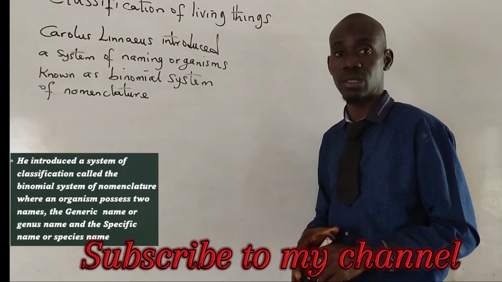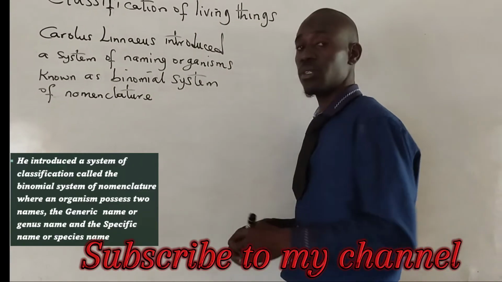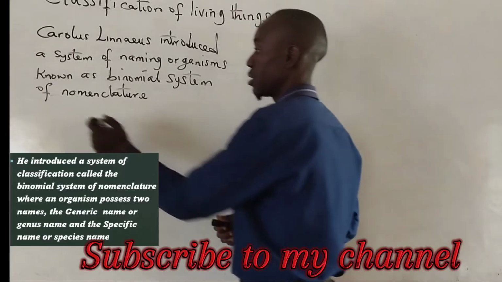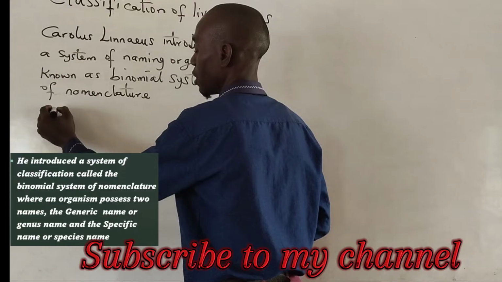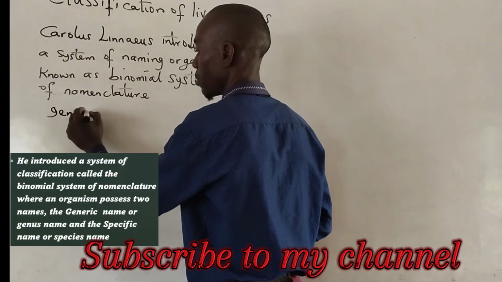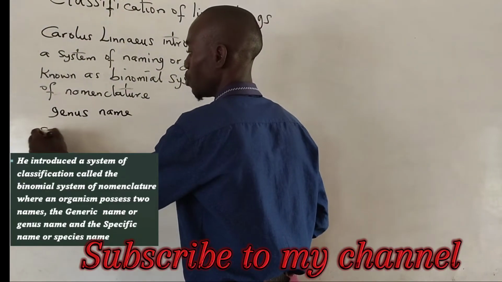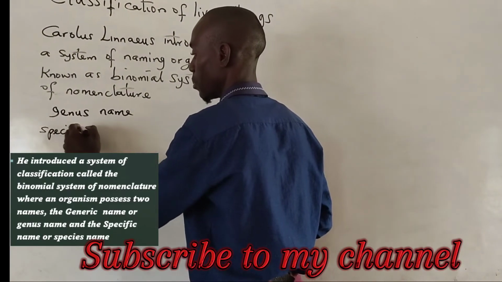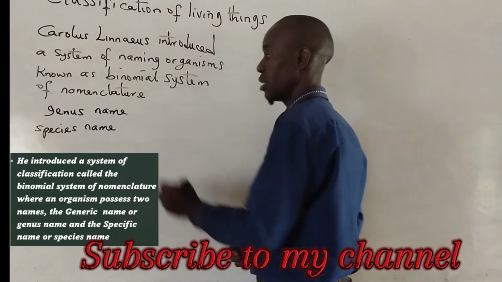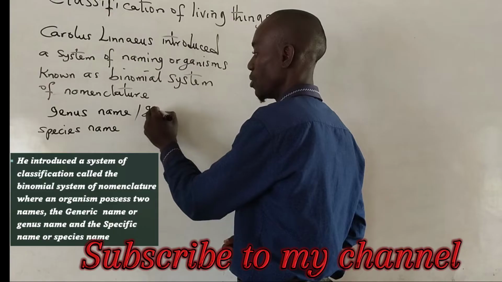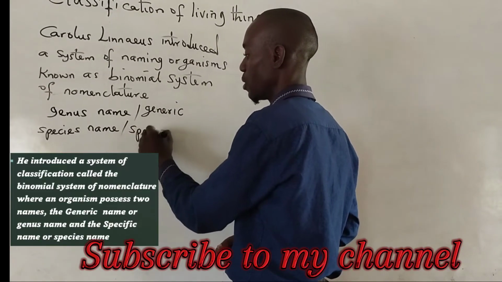This binomial system of nomenclature recognizes that every living thing possesses two names, which are the genus name and the species name. The genus name can also be written as generic name. The species name can also be written as specific name.